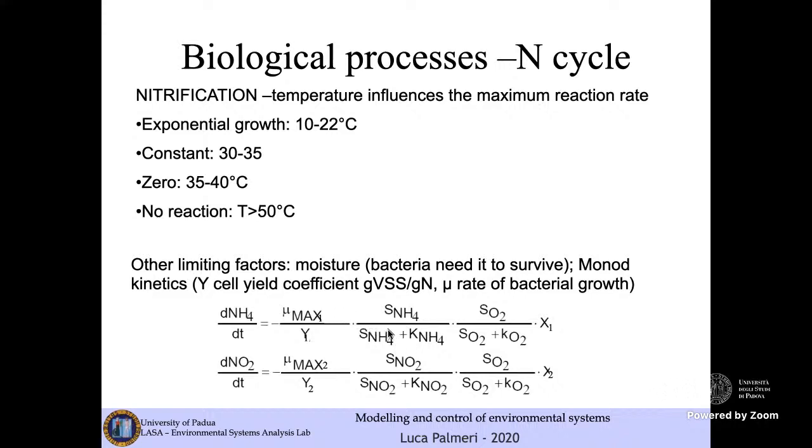So if we treat this as a kind of subsequent process, we may simply multiply the Michaelis-Menten models for the two sub-processes in order to describe the dynamics, for example, the variation in time of the concentration of ammonia, depending on the presence of oxygen for the oxidation step of the transformation.